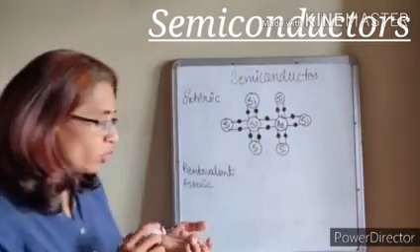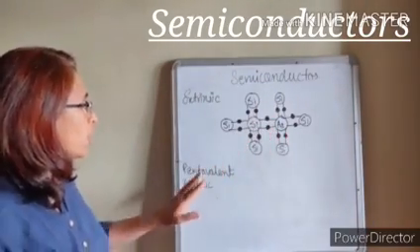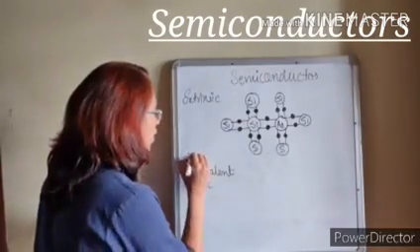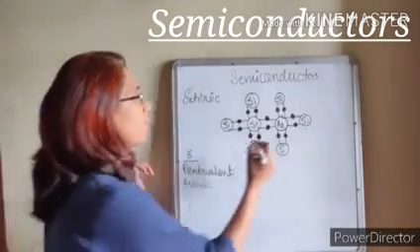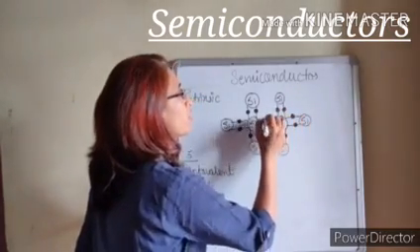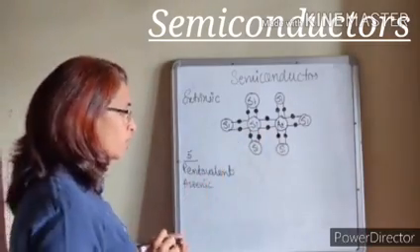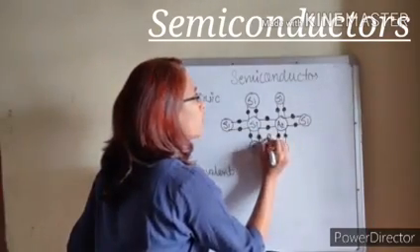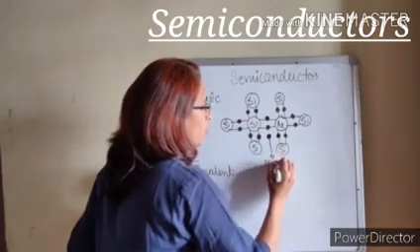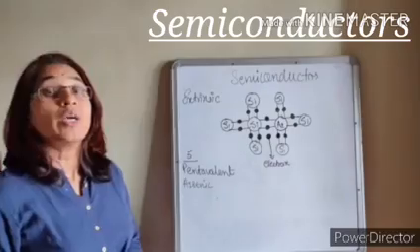Now the question is, we know that arsenic is a pentavalent impurity. Pentavalent means there are 5 electrons in the last orbit, and if we see that there are 4 electrons of silicon crystal and only 4 electrons of arsenic, it means that there is one extra electron, which is free because it is not bonded with any atom.